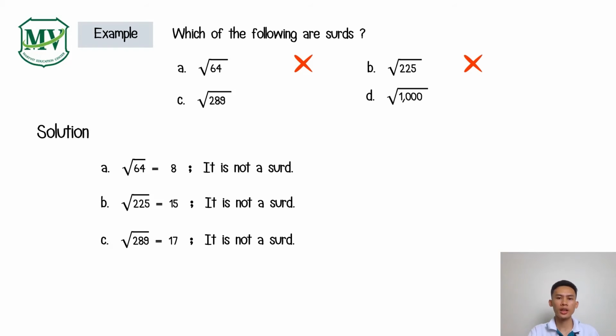It is not a surd also. In letter D, square root of 1000 is equal to 31.622776 and so on. It is a surd. Therefore, the correct answer is letter D.